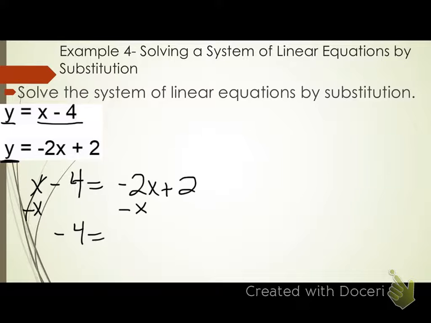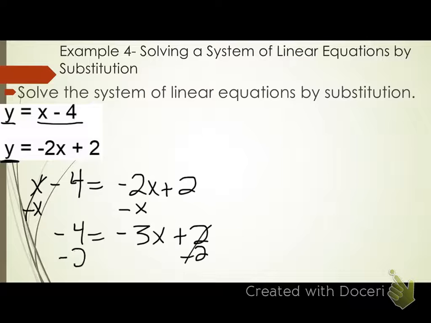So negative 4 equals, what's negative 2x minus x? Negative 3x plus 2. Are my variables on the same side? Yes, they are. Now I can deal with my constants. So what do I need to do now? Subtract 2.